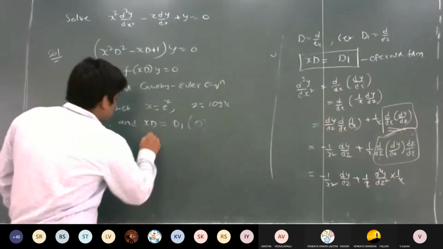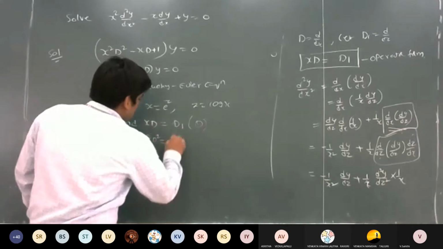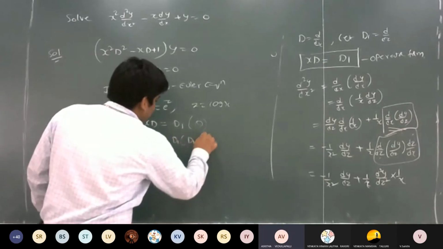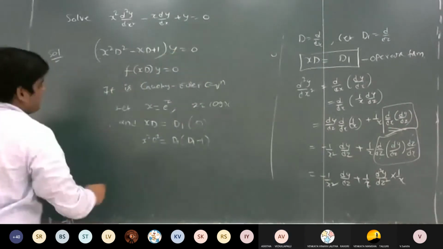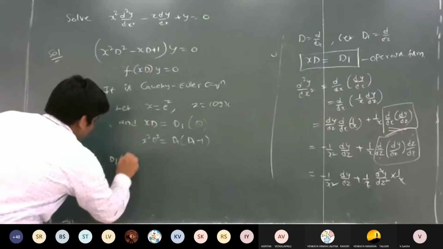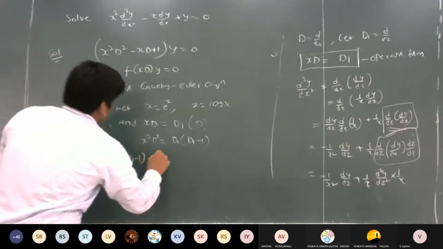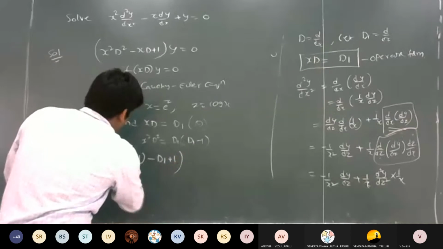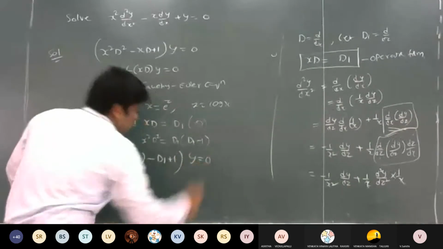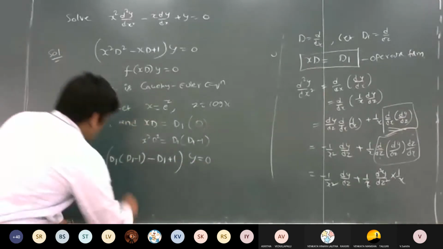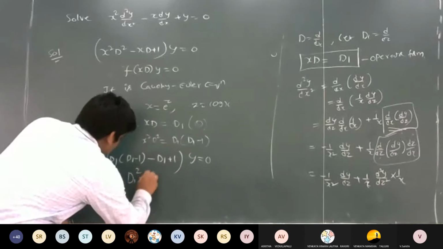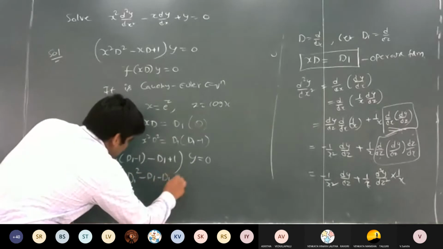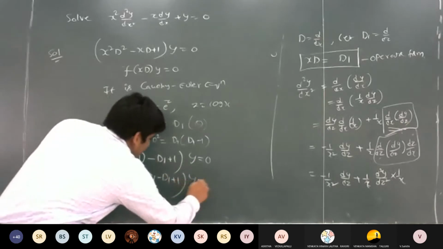Next, x square D square is D1 into D1 minus 1. Just replace in the given equation. It becomes D1 into D1 minus 1 minus D1 plus 1 into y is equal to 0.